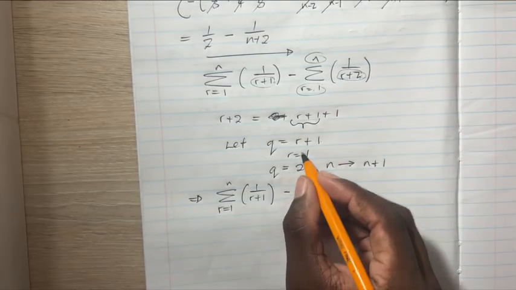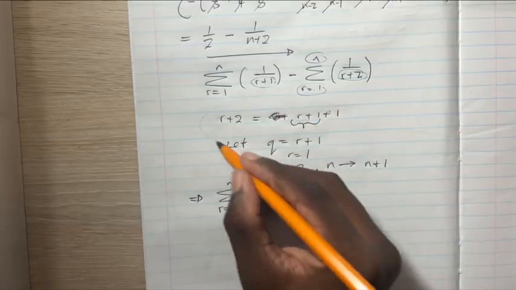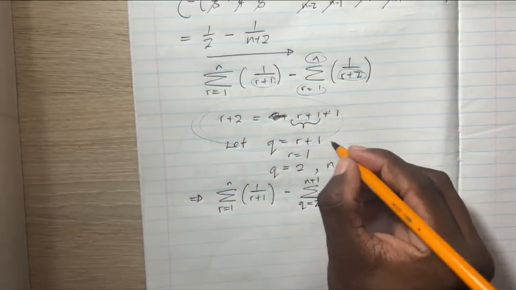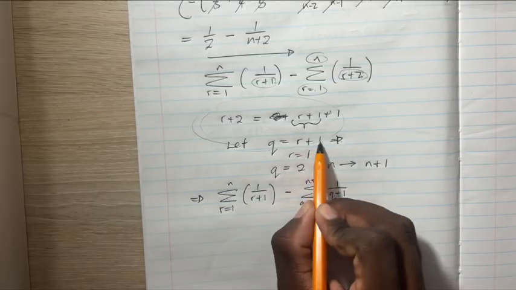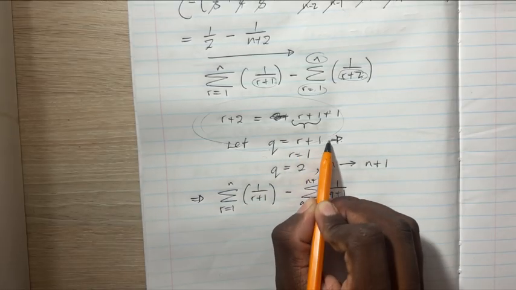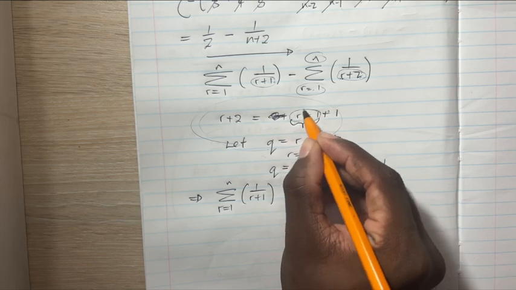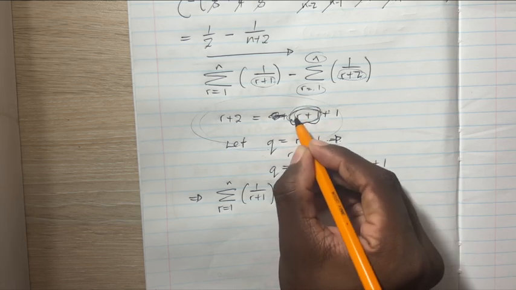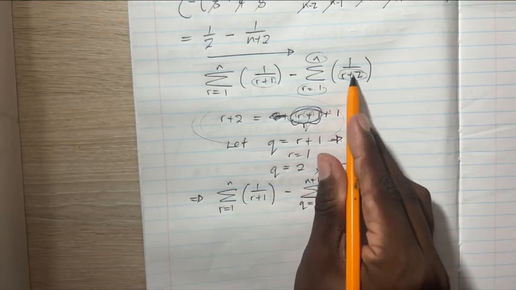R plus 2 is q plus 1. I don't know if I made that here, but that's what we are getting to through all of this, because q equals r plus 1. It's equal to this guy. So that becomes q plus 1 because it's the same as that guy.